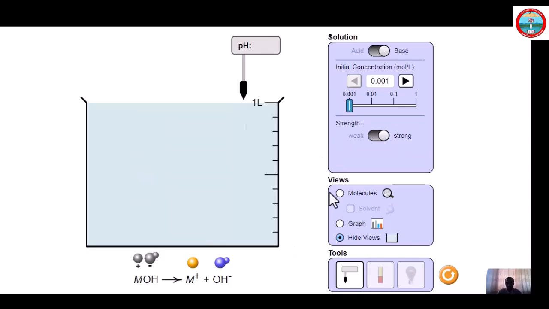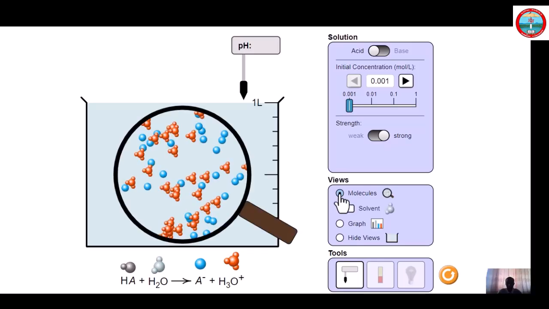If you see as an example, the strong acid, if you see at the molecular level, as I have told you, what about this dissociation if the concentration is increased?